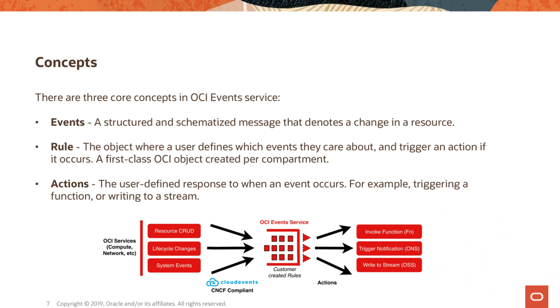And the content of the event that matches the rule is also passed to the action. These actions can be taken on the OCI function service, the notification service, and with the streaming service, as I mentioned earlier. And based on these, you can implement a wide variety of use cases in OCI and beyond.